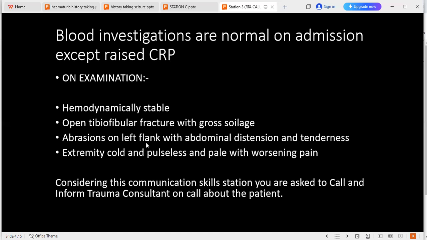Okay, what do you think the ECG will find? I think you're mixing this station with the previous one. So how would you plan to fix the fracture of the patient?